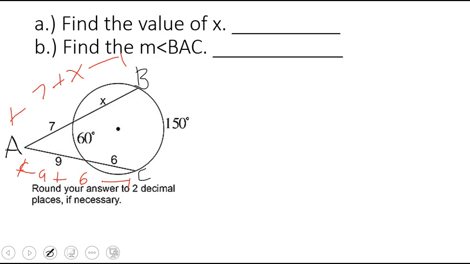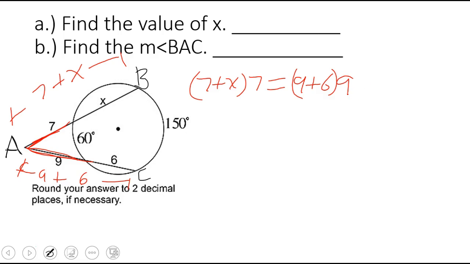So we add that up, 7 plus x, and multiply by the part that sticks out, times 7. It's going to equal 9 plus 6 times the part that sticks out, which is 9. That's what the theorem says.